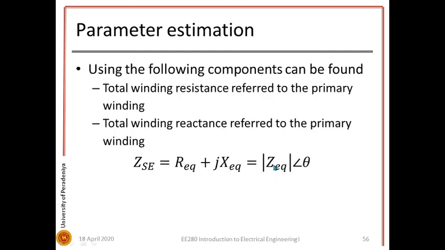Now we have the magnitude and the angle, so we can find the Req and Xeq values. We can find the total winding resistance of the primary and secondary referred to the primary winding, and the reactance component of the primary and secondary referred to the primary. However, you won't be able to separate the primary winding resistance and the secondary winding resistance, or the primary leakage reactance and the secondary leakage reactance.